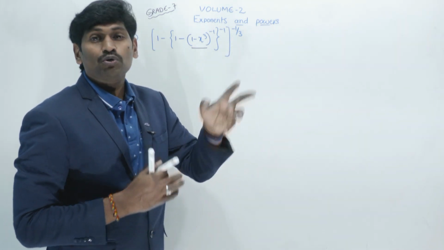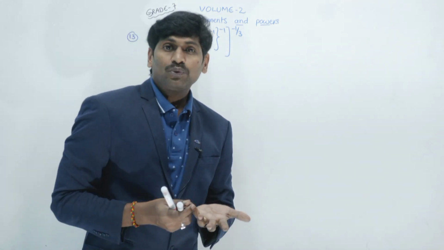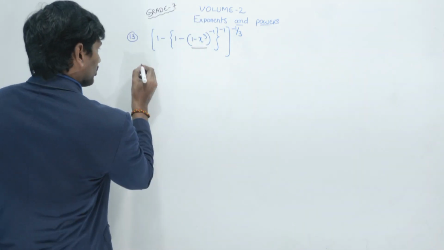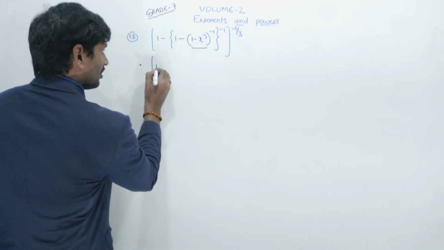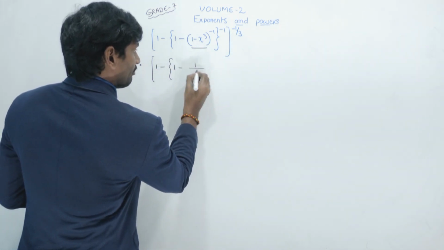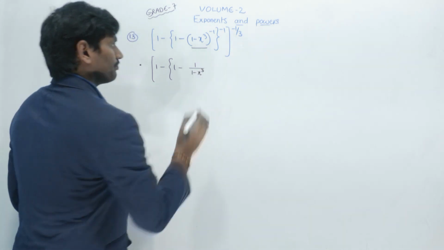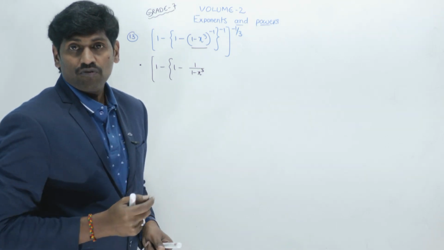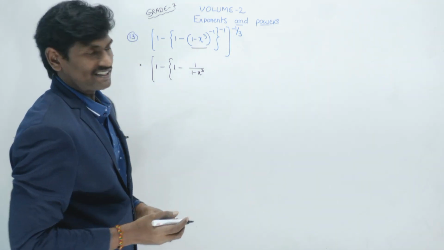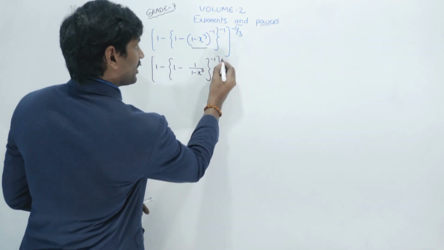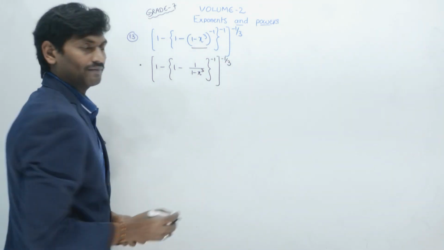A negative number. To make it a positive number, we have to write the reciprocal. So according to this, this bracket value becomes 1 by 1 minus x cube. Okay? And whole to the power of minus 1 and whole to the power of minus 1 by 3.